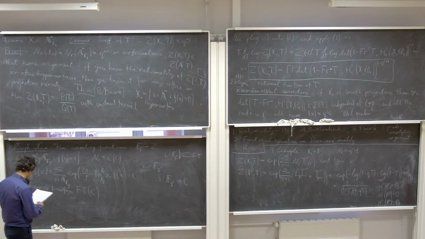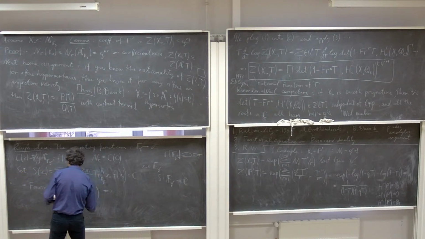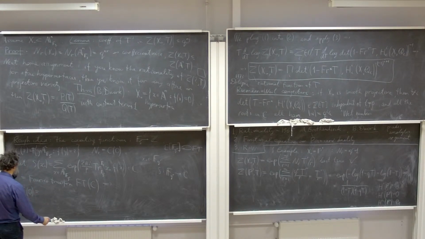So we're using this Fourier transform. Fine. And it implies that the value of the counting function at 0 is, by the way, if everybody knows about the Fourier transform, then tell me what this is in terms of Fourier transform.